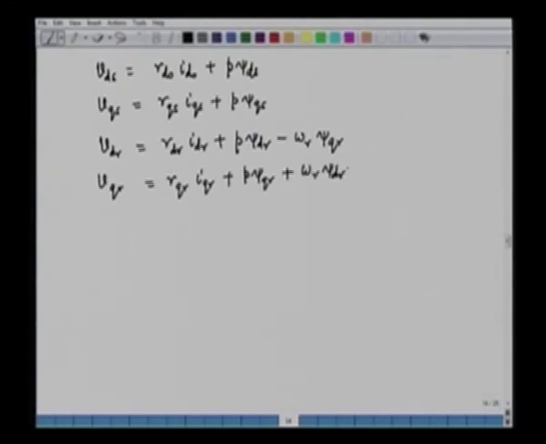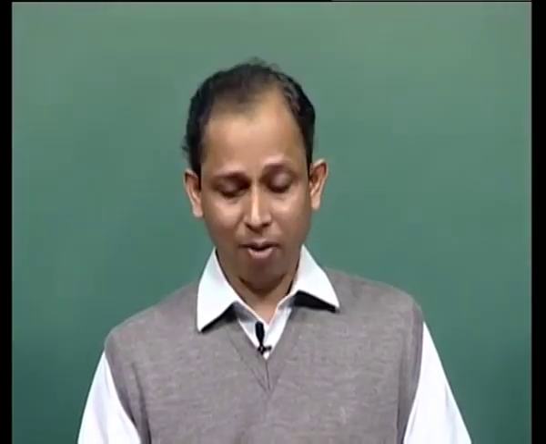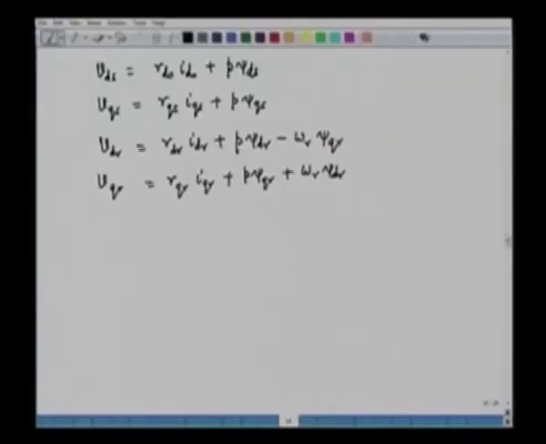So these are the four equations that will be essential to simulate the generalized electric machine, which is a Kron's primitive machine. But these are in terms of the flux linkages. We have seen that the voltage is expressed as a function of current and flux linkages. So if we replace the flux linkage by current, we can rewrite this equation as follows.